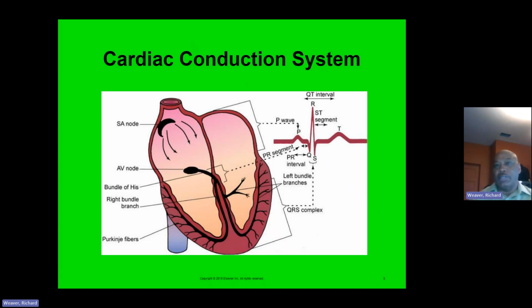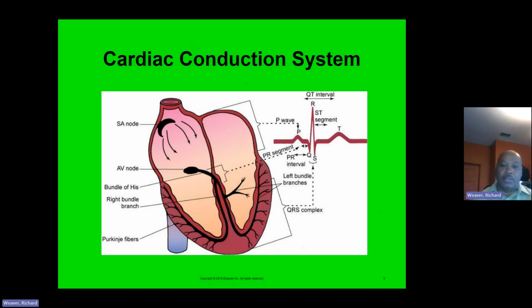If the electrical part of the heart is sending erratic, chaotic electrical impulses, then the heart muscle will also beat or contract erratically.